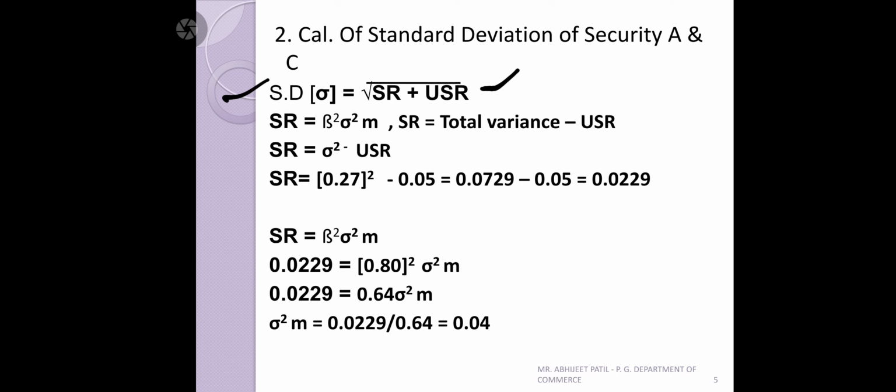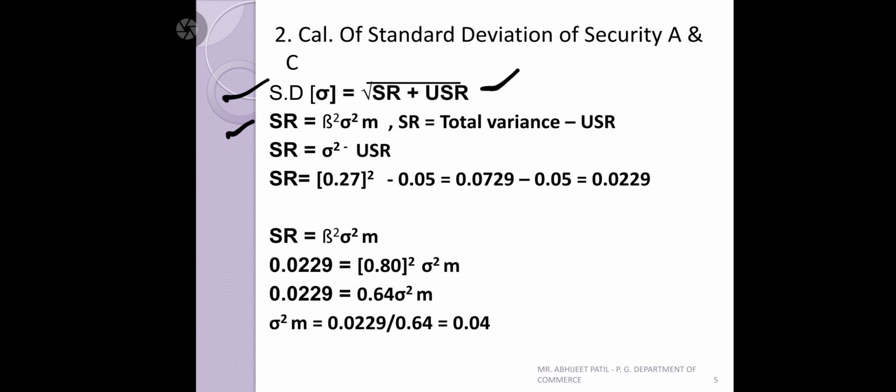Unsystematic risk is given in the problem. The only thing we should find out is systematic risk. But again, in the problem systematic risk is not given. So what formula should we use? Systematic risk is equal to beta square into market variance, that is standard deviation square M, which we denote as market variance. But here again market variance is not given in the question.